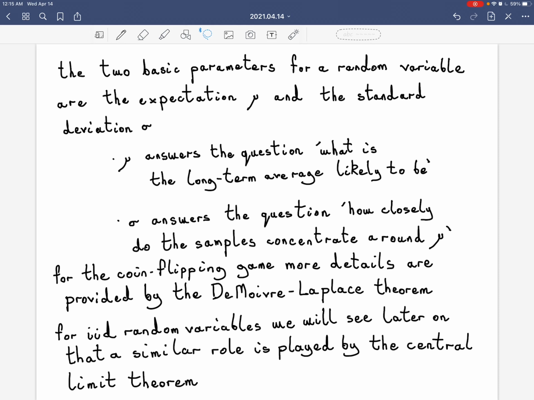So mu is an arbitrary real number, and usually it's interpreted with the fundamental sign convention that positive expectation is good. You want to maximize expectation.